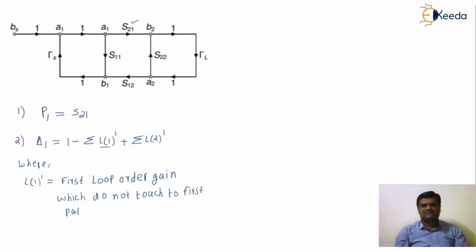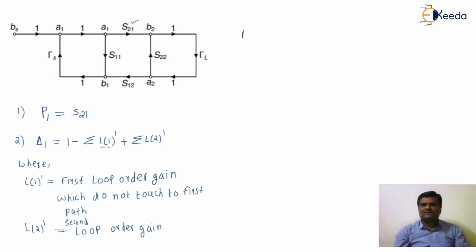Same as loop order 2, L21 is the second order loop gain which does not touch the first path.